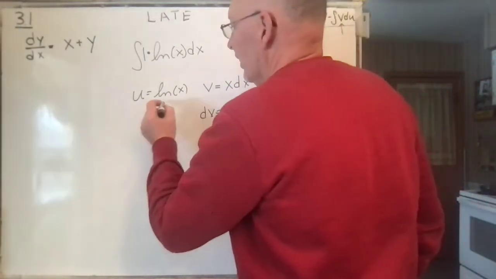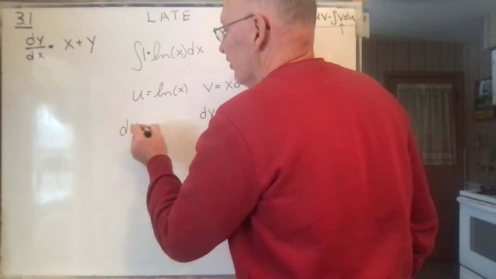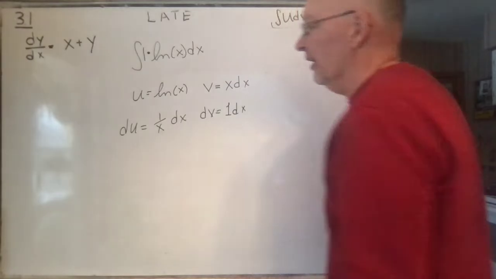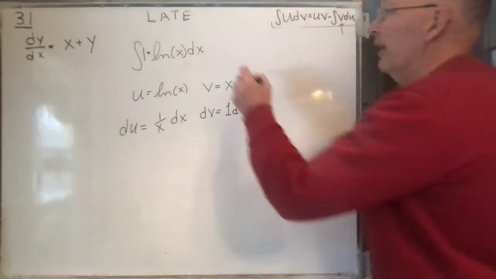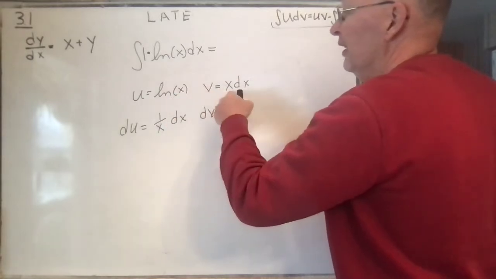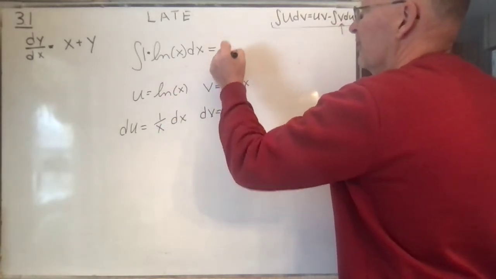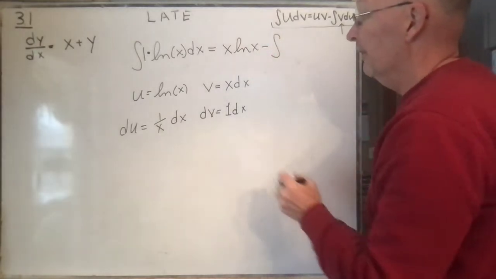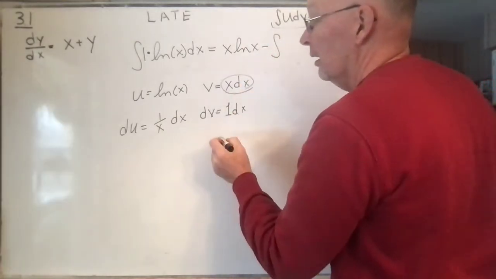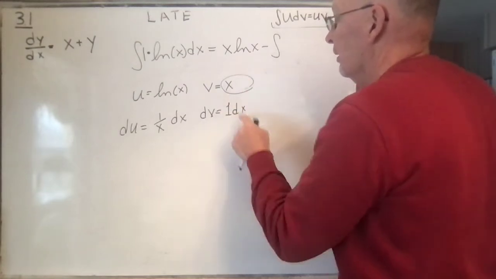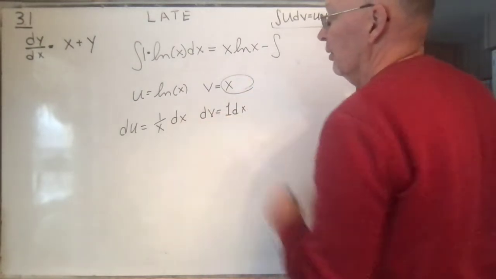So now let's go ahead and let du, what's the derivative of this? Obviously that's just 1 over x dx. And so now, what do we do? We use the integration by parts. uv is going to be x ln of x minus the integral of v du.